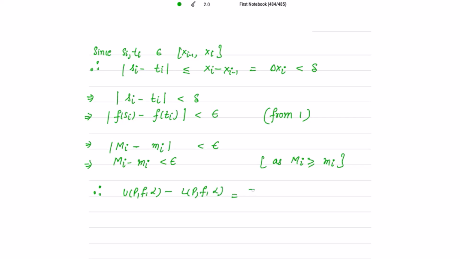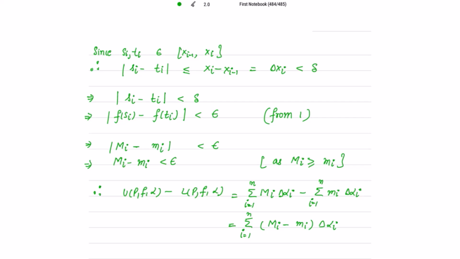This is equal to the summation, i going from 1 to n, of capital Mi delta alpha i, minus the summation, i going from 1 to n, of small mi delta alpha i. That is the summation i going from 1 to n of capital Mi minus small mi, taking delta alpha i common.